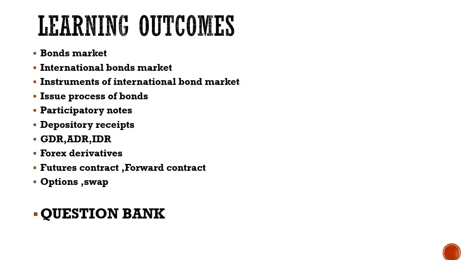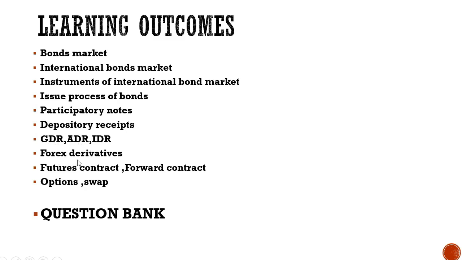The learning outcomes of this particular video will be that after going through the video, you'll be able to understand what is a bond market, what is international bond markets, what are the various instruments of international bond markets, what is the issuance process of bonds, what are participatory notes, what are depository receipts, what are the various types of depository receipts, that is the GDR, ADR and IDR.